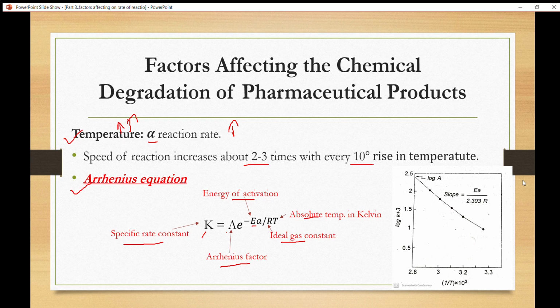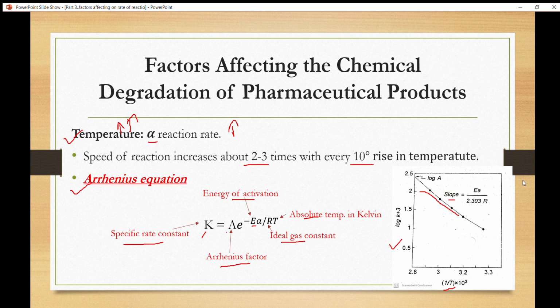To find out the specific rate constant, or the speed of reaction, we plot a graph between log K versus the reciprocal of the temperature. We require a minimum of 3 temperatures to plot the graph. Then a straight line is obtained, and using this straight line the slope is found.